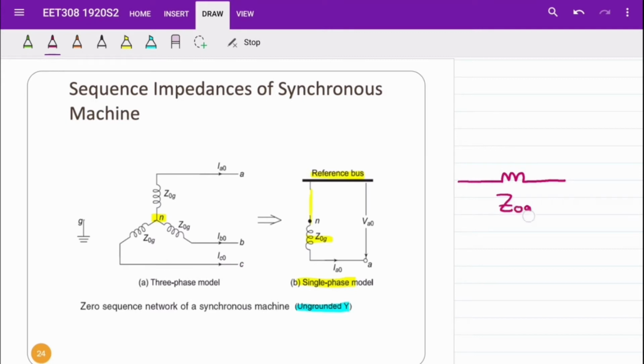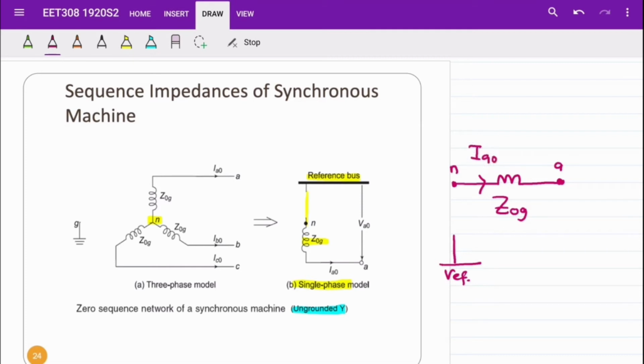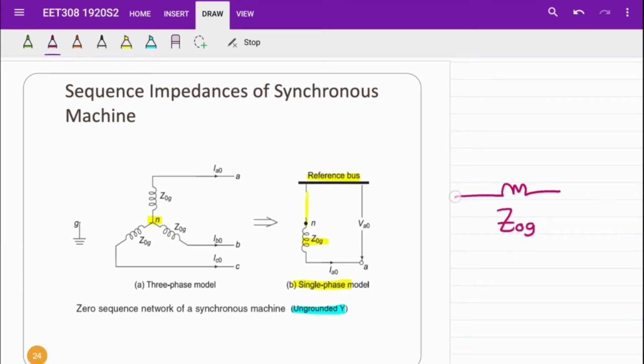We have the zero-sequence impedance of the generator Z0G with node N, where node N is disconnected from the reference bus, and the impedance is connected to node A or phase A. And then the current that flows in the circuit is IA0, and the voltage potential is VA0.